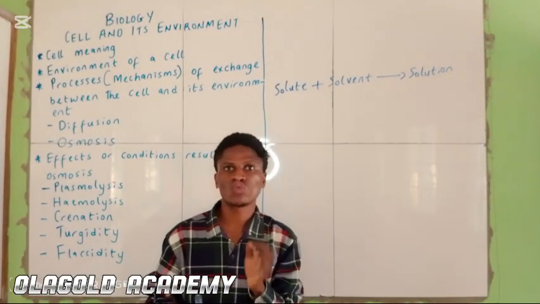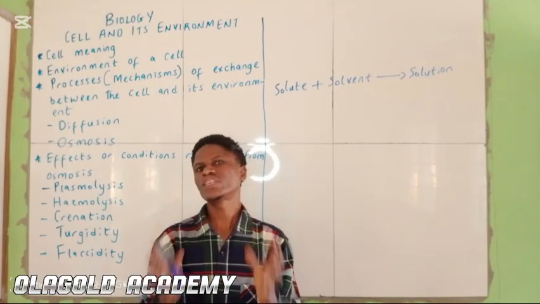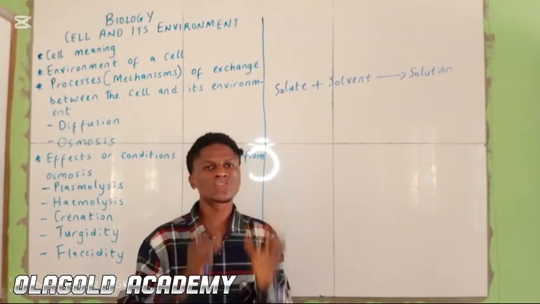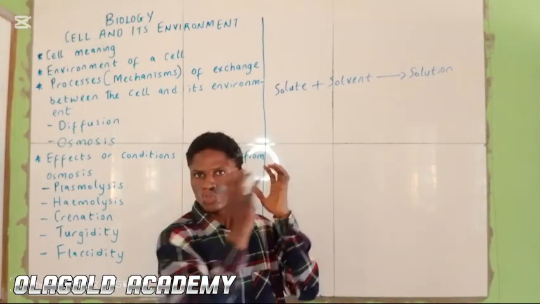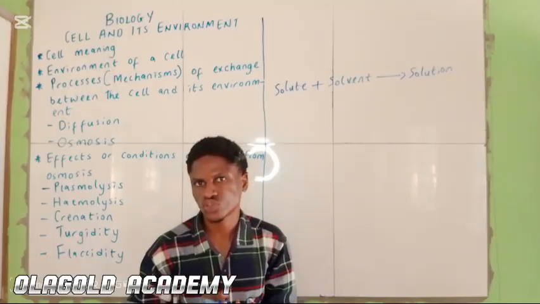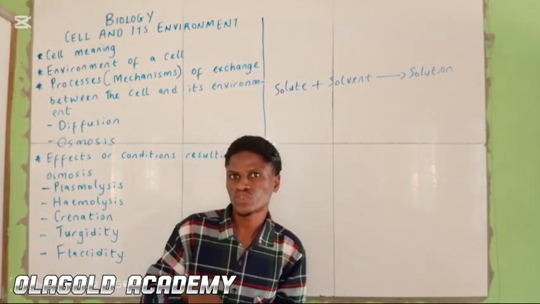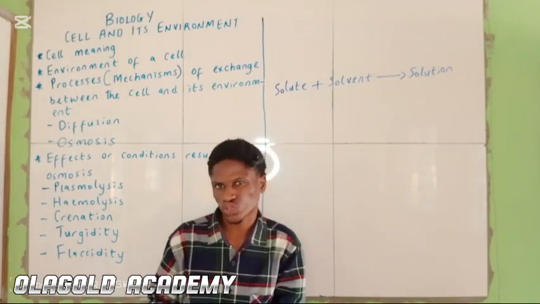Solvent is just what we use to dissolve solutes. For instance, if we dissolve salt inside water, we have solution being formed. The solute there is the salt that is being dissolved. The solvent is the water that is being used to dissolve the salt.